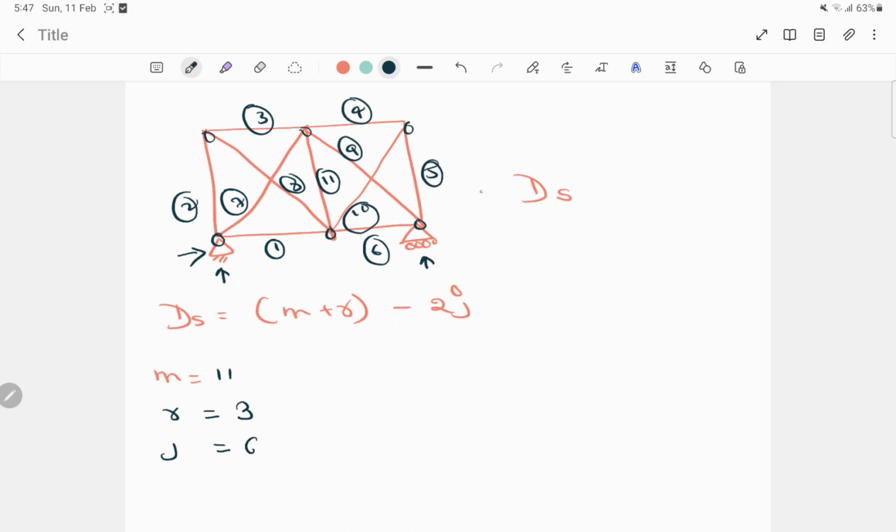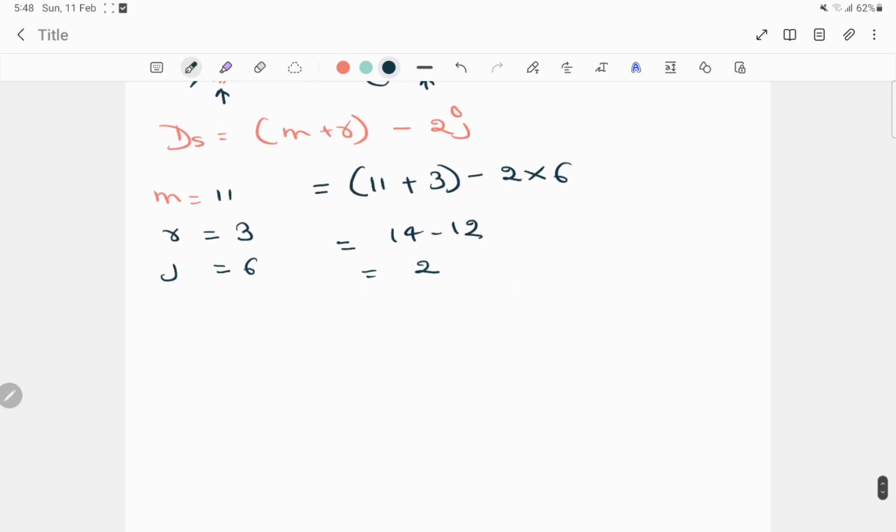So number of joints is 6. Now we have to put all the values in this formula. So 11 plus 3 minus 2 into 6. So we'll get 14 minus 12, so 2. Therefore ds for this type of plane truss is equal to 2.